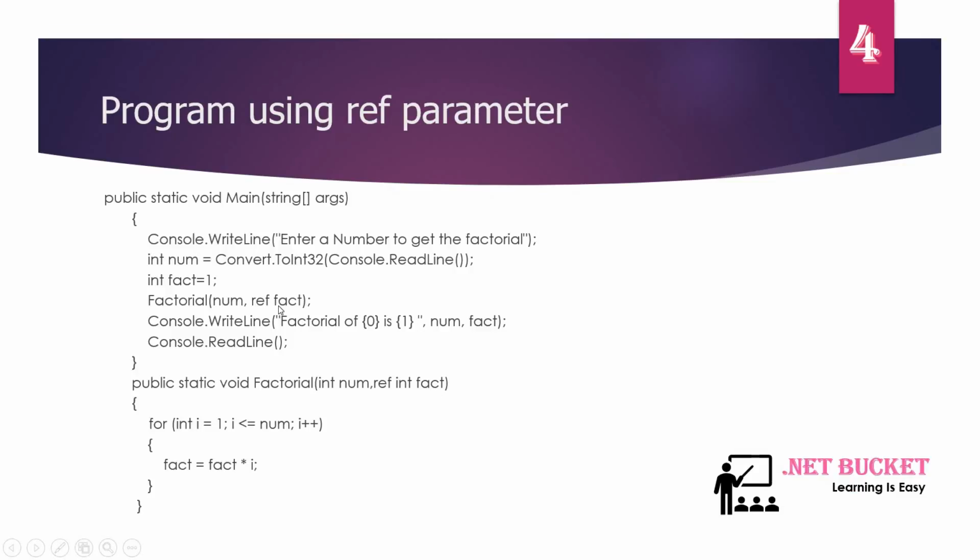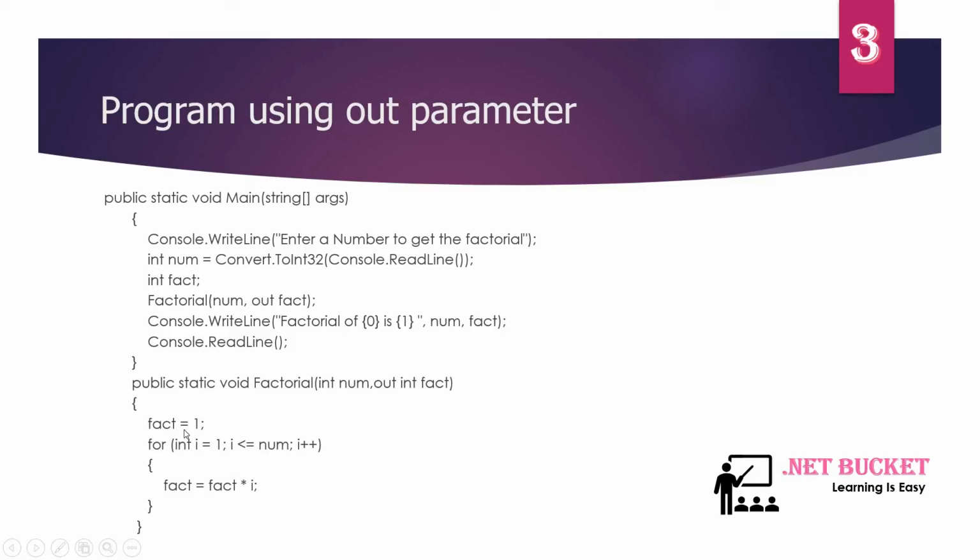This is the fact parameter that we are passing here, and this is my function. If you see here, we are not initializing this fact parameter in the function. We are not assigning any initial value to this parameter. But in out, we are assigning that particular value here, so that is very much required.